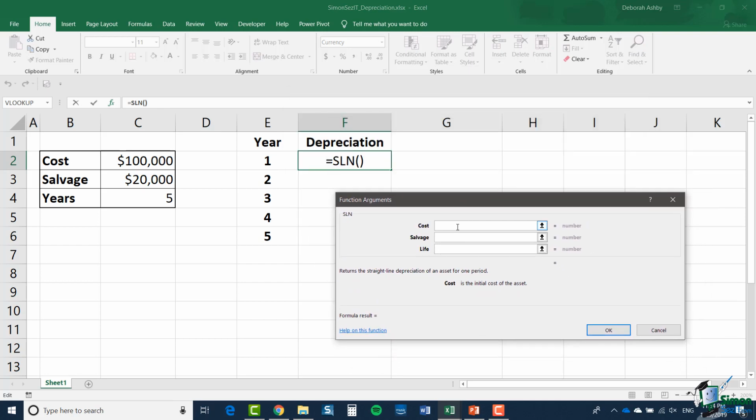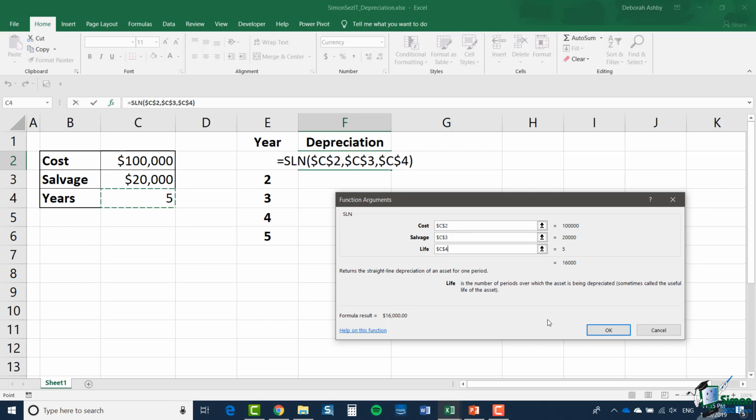And of course, the cost is C2. And we know that's not going to vary, so we'll make that absolute. And then the salvage value, C3, absolute. And the life, C4. And make that absolute as well.